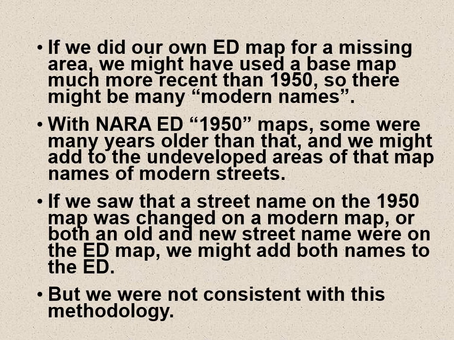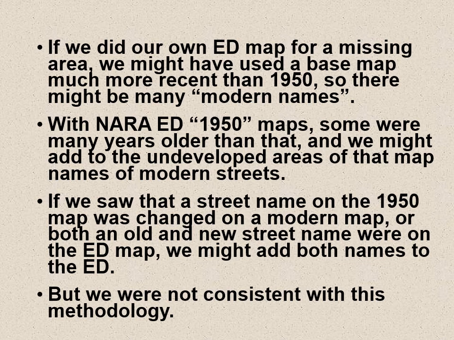NARA has, quote, 1950 maps from 1940, 30, 20, so those are many years older than that, and we might add modern street names to the undeveloped areas of that map. We're proofing the maps and our transcriptions against a modern map to understand some street names that aren't quite clear, and might add modern names to undeveloped areas.